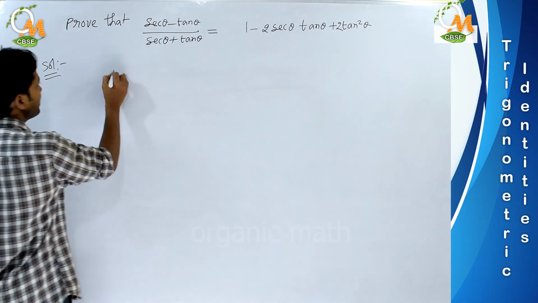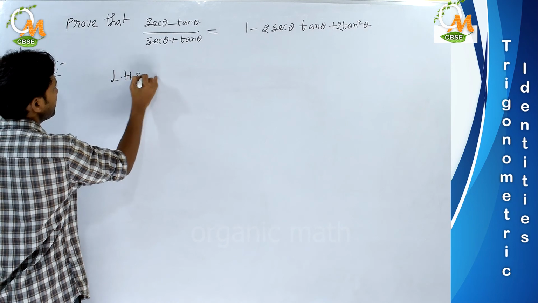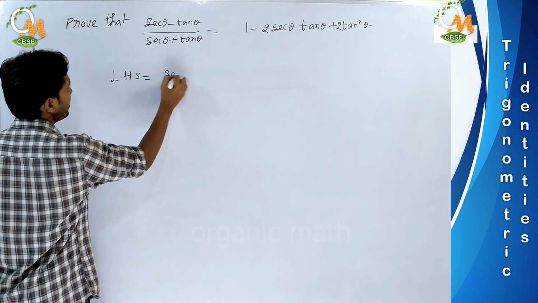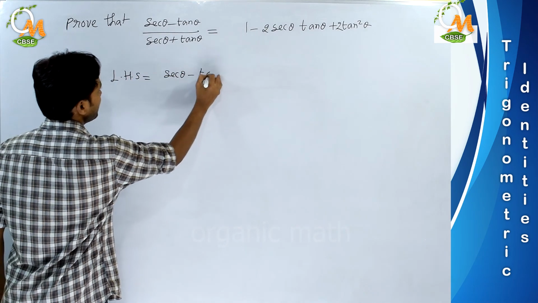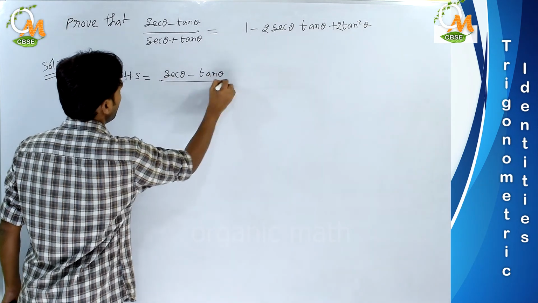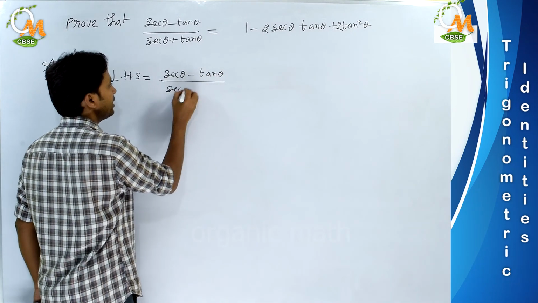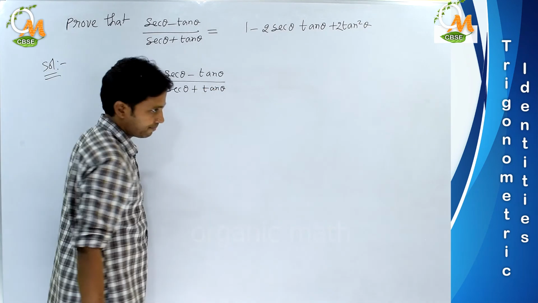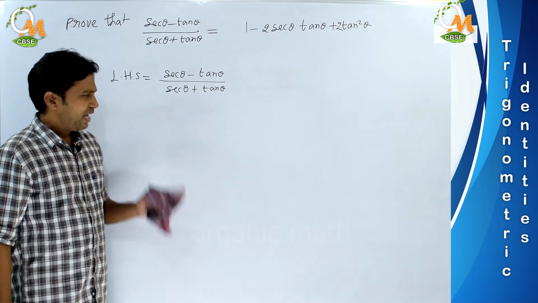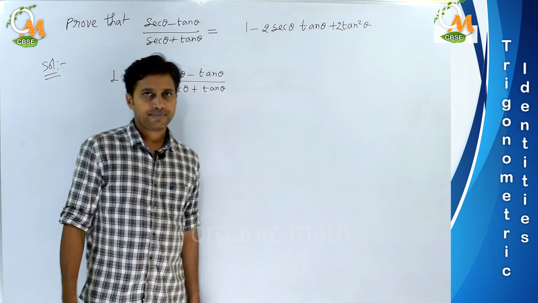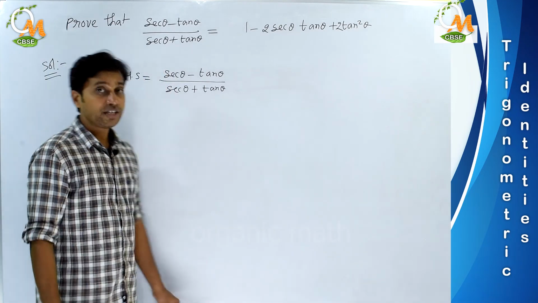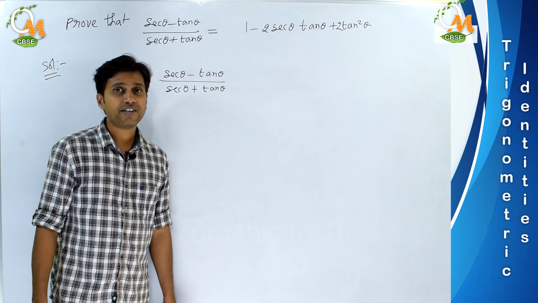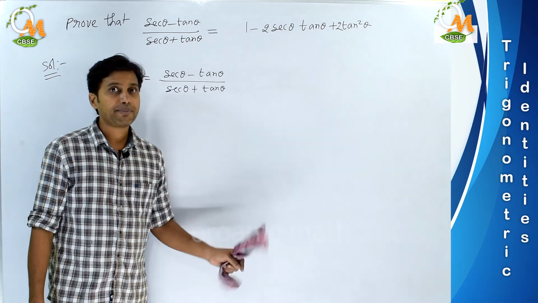Take LHS first. Consider LHS, which is secant theta minus tan theta upon secant theta plus tan theta. I want to avoid the denominator part, and for avoiding that, with what factor do we need to multiply?